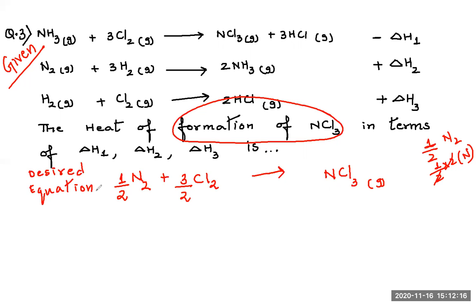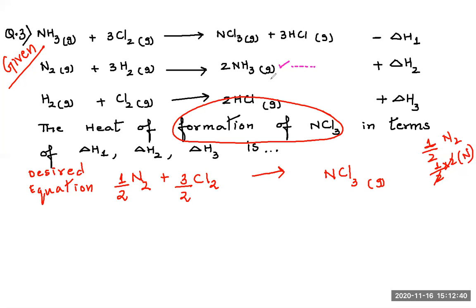Now I want to find this desired enthalpy from above 3 equations. I'll also write the calculation part. How do we calculate? I'm writing that also. You'll enjoy. What is the first thing I want? N2, which is in equation 2.